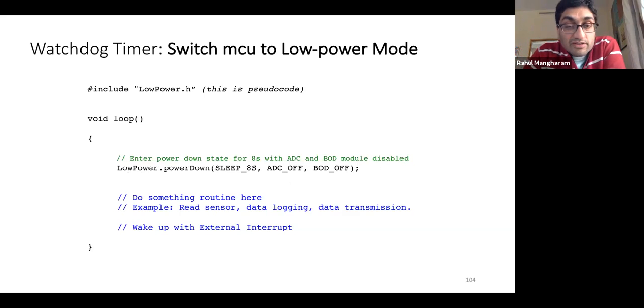Basically shut off for 8 seconds, then wake up with the watchdog timer. Essentially we are powering down the ADC and any of the other peripherals that we are actively using, so it's not sensing anything, but then it wakes up.